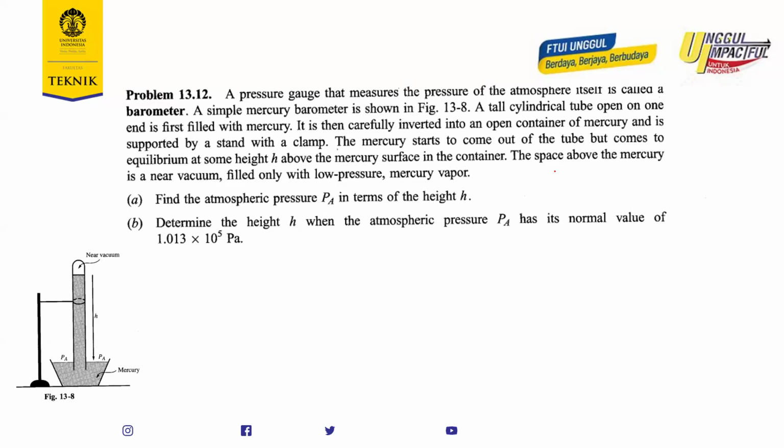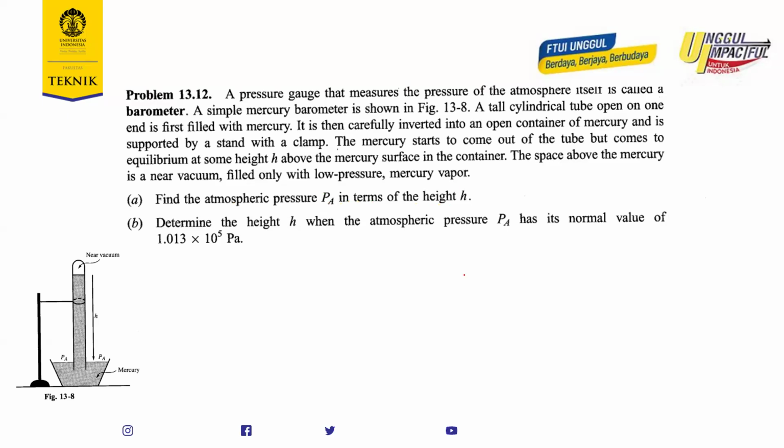The mercury starts to come out of the tube but comes to equilibrium at some height h above the mercury surface in the container. The space above the mercury is a vacuum filled only with low pressure mercury vapor. Okay, it means that this one is equal to 0, right? Find the atmospheric pressure PA in terms of the height h.